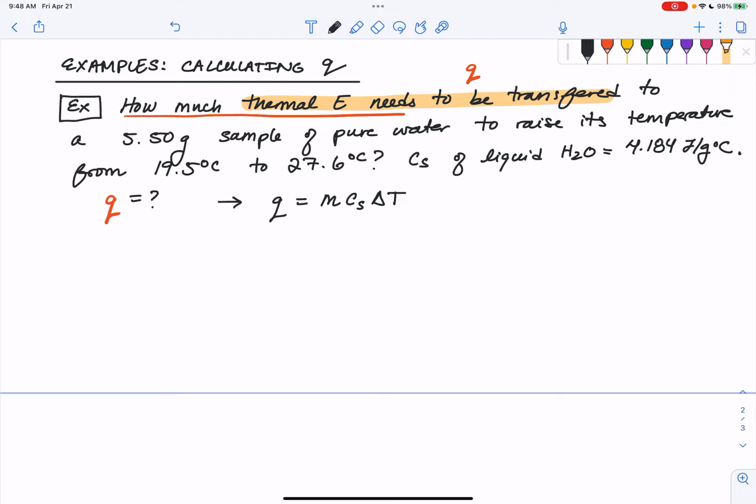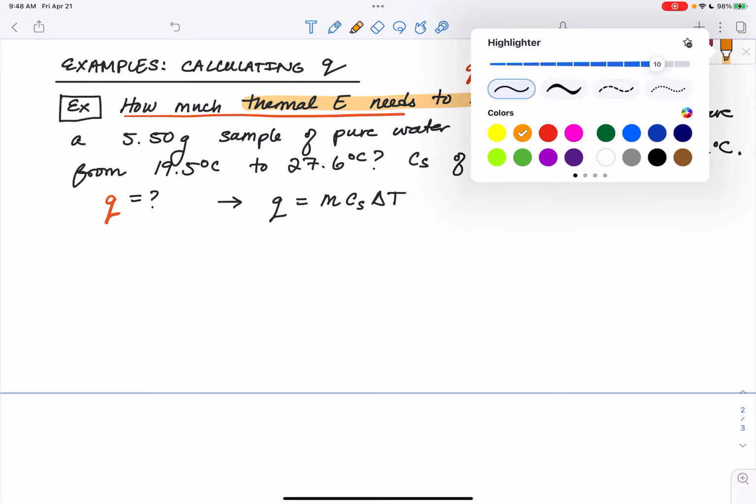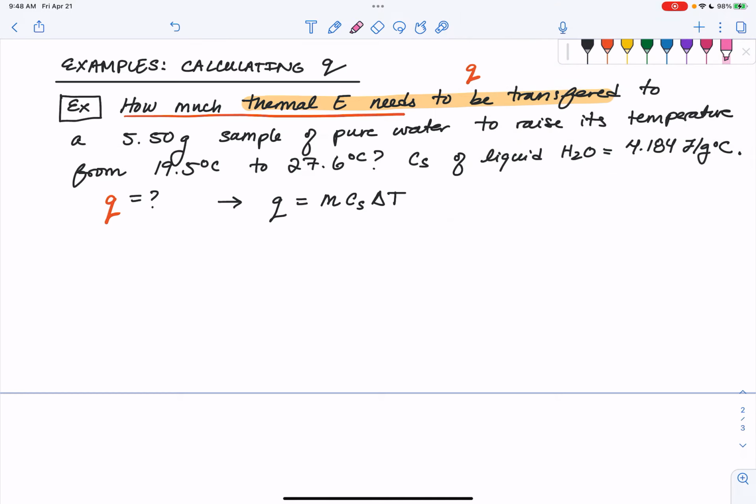But this is the equation we're going to use, and let's confirm that we have all of the pieces of information needed in order to apply this equation. So let's see here. Specific heat capacity, right? This is what I need in order to relate heat, quantity, and change in temperature.